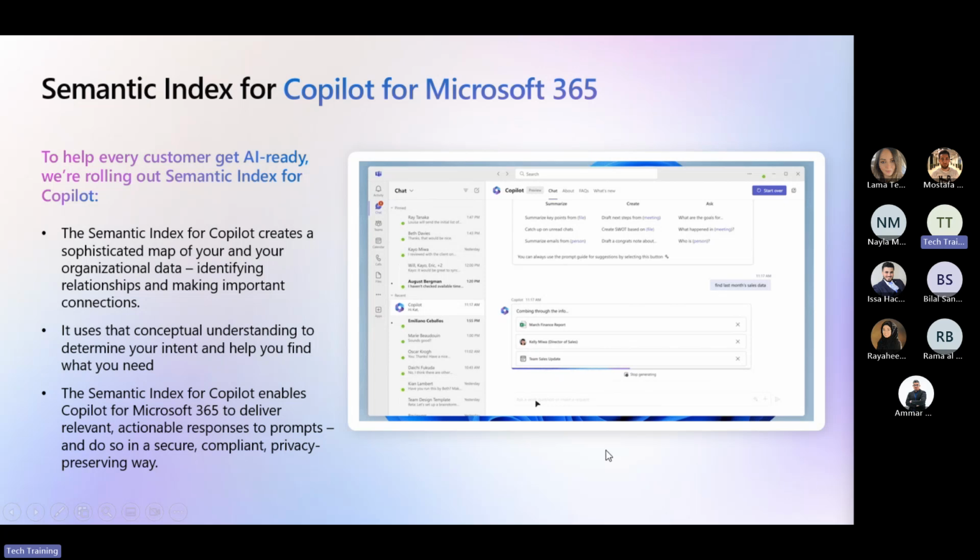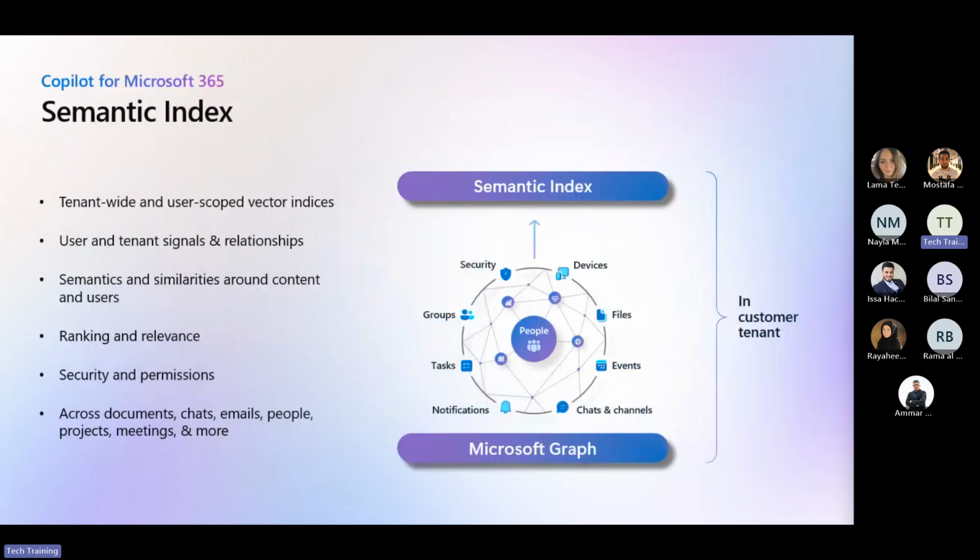Okay, semantic index for Copilot. As you can see here, it's showing you how it connects things together. The Semantic Index is tenant-wide and user-scoped, and the vector indicates how it connects things to each other: groups, security, devices, files, events, whatever.